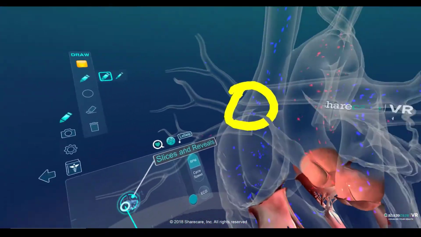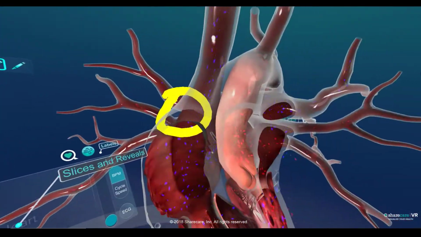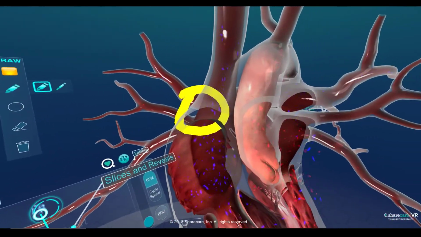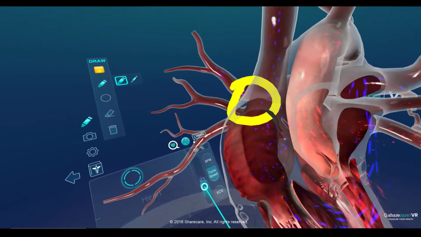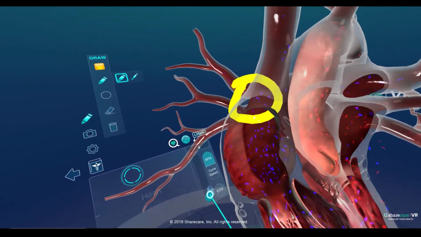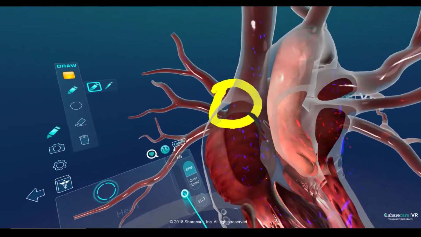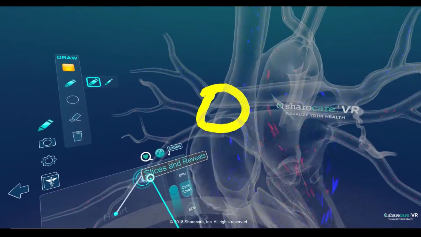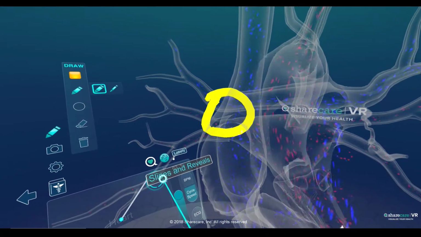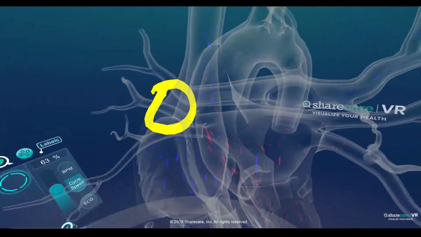Let's see if I can get a different view here. We'll do higher beats, and then we'll bring our cycle speed down a little bit, and then we need to get to our conduction system here. There we go. That's a little bit easier to view.